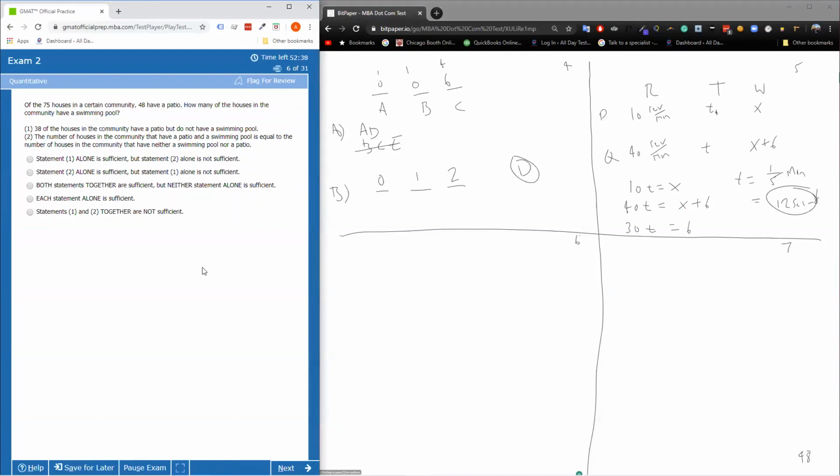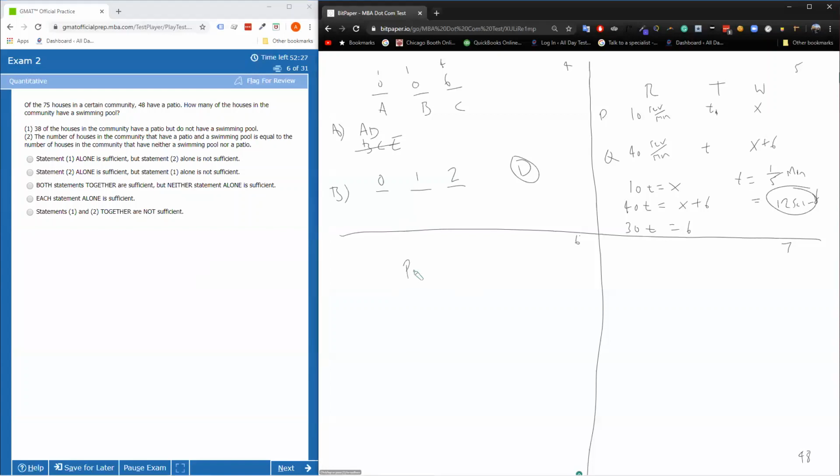Of the 75 houses in a certain community, 48 have a patio. How many of the houses in the community have a swimming pool? So that sounds like an overlapping set question to me. So we can either have a patio, not have a patio, or have a pool, not have a pool.